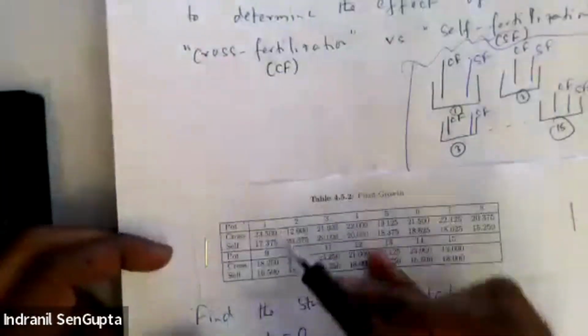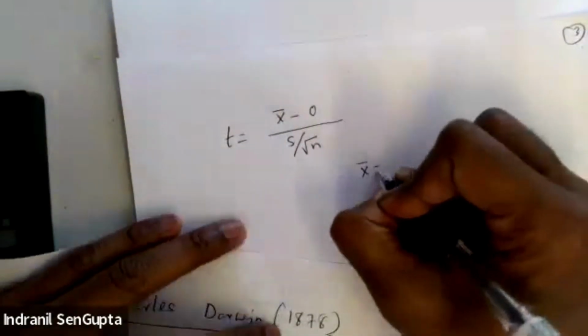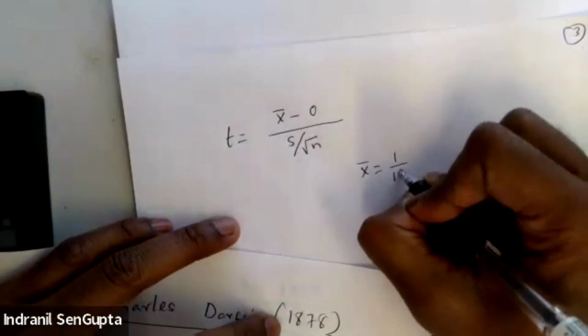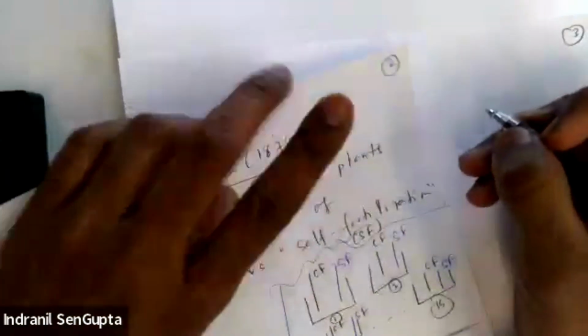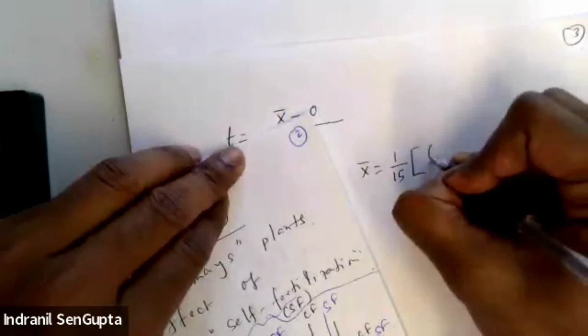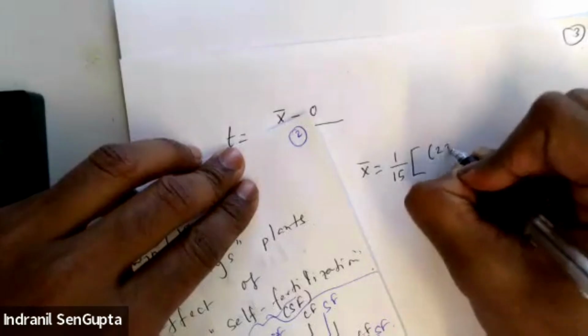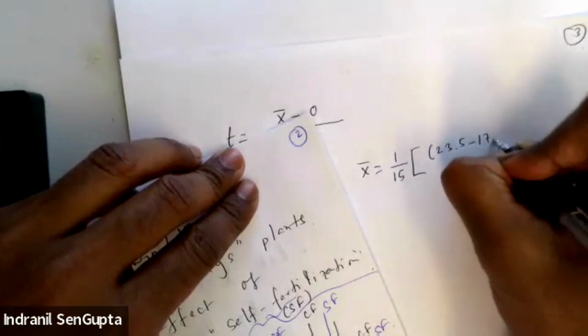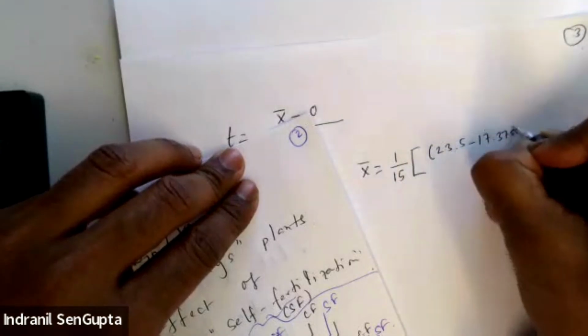How do you compute x bar? For this particular sample, I have 15 samples, so it's 1 over 15, and then compute the differences. For example, the first one is 23.5 minus 17.375.